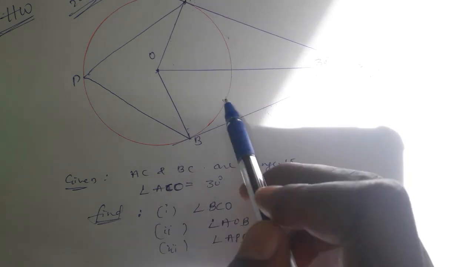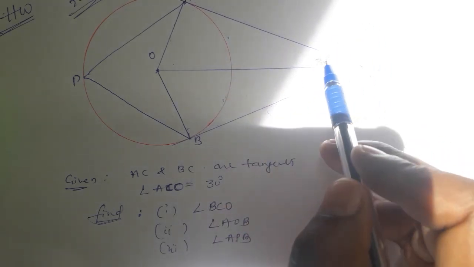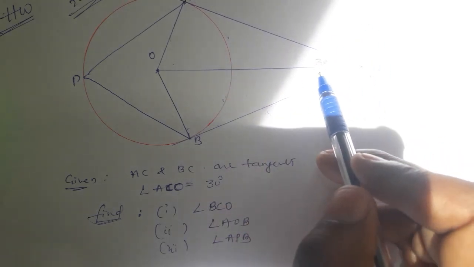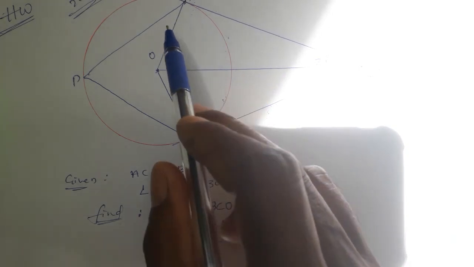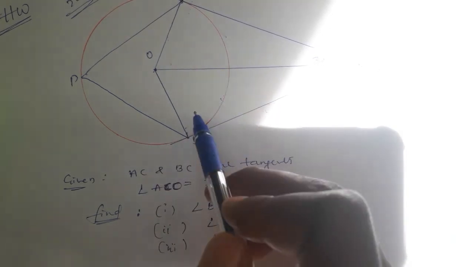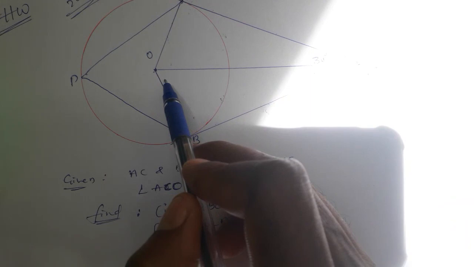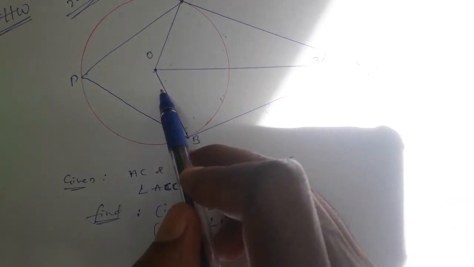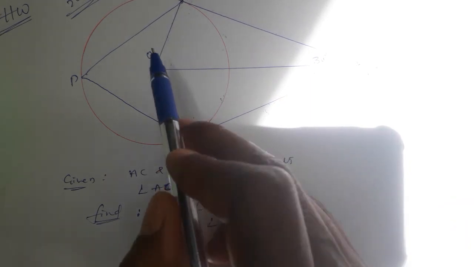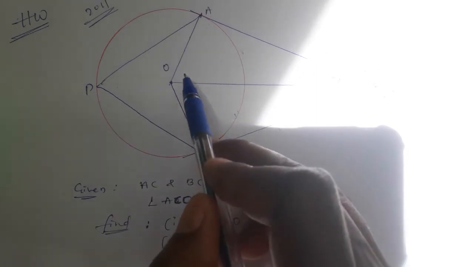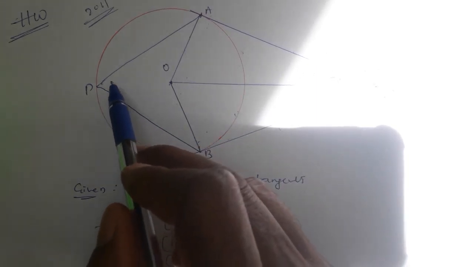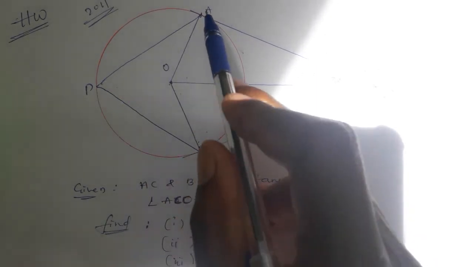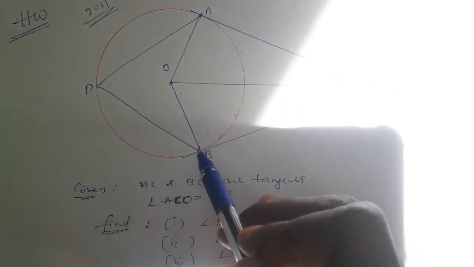Therefore, these two triangles are congruent. In congruent triangles, all the corresponding parts are equal. Now, 30 equal to 30. Then you will get this, and the total AOB you will also get. And from AOB you can get APB also, because this is the angle at the center and this is the angle at the circumference. AOB, APB.